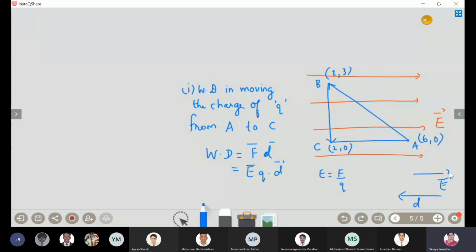So this will be Q into E d cos 180. Check both. You need to do this, and you find the displacement. Thank you, boys. Learn first and foremost your case and reasoning based questions, boys.